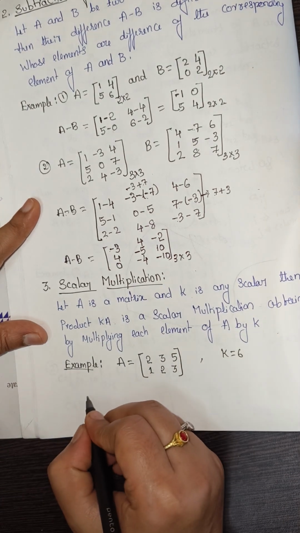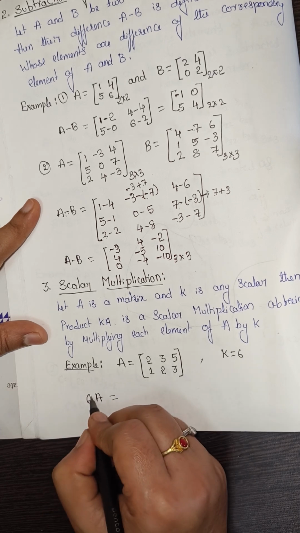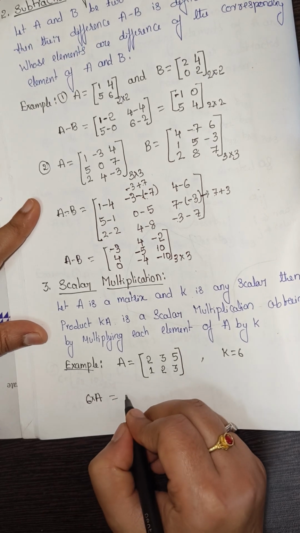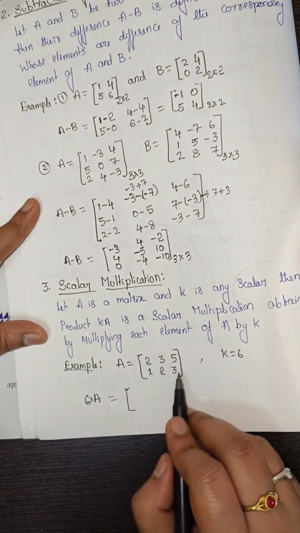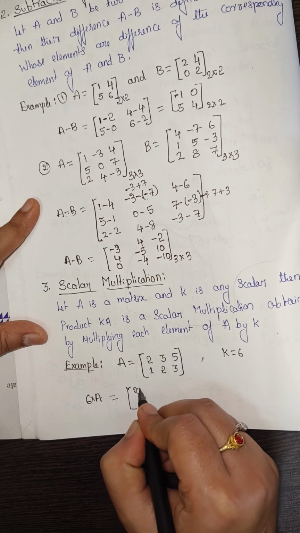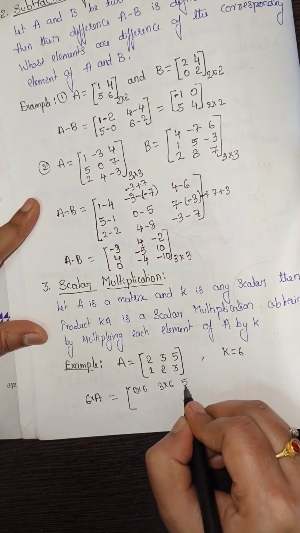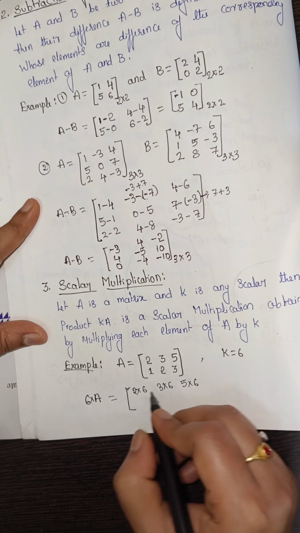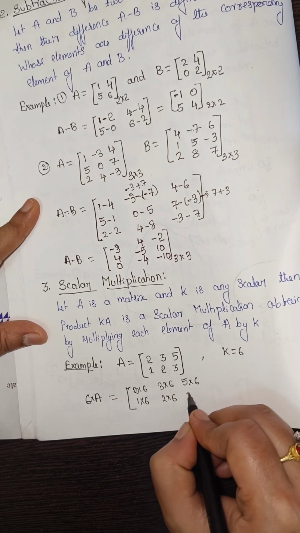So how do we write it? 6A, 6 into A. You have to multiply 6 with each element of A, not only one, each element. So 2 into 6, 3 into 6, we are multiplying with each element of the matrix. 1 into 6, 2 into 6 and 3 into 6.